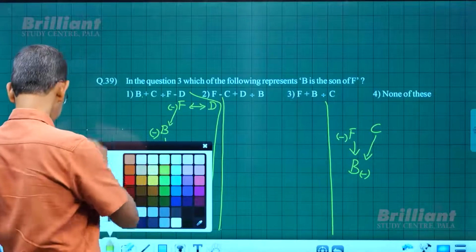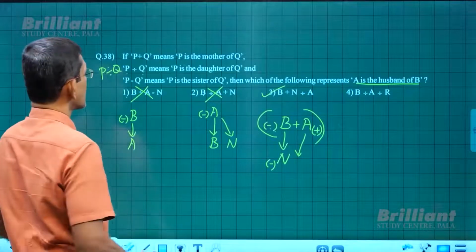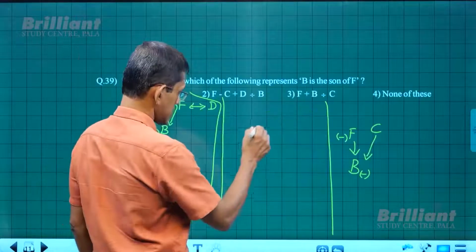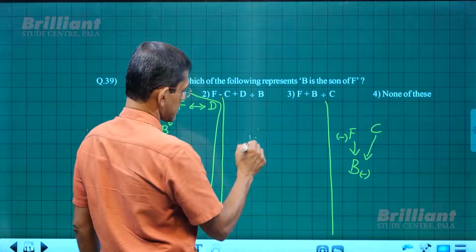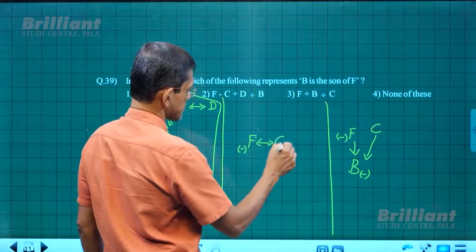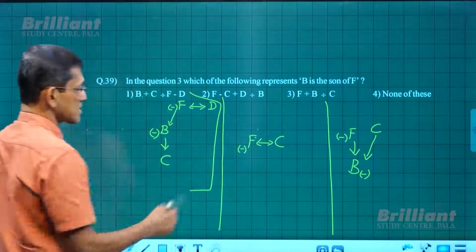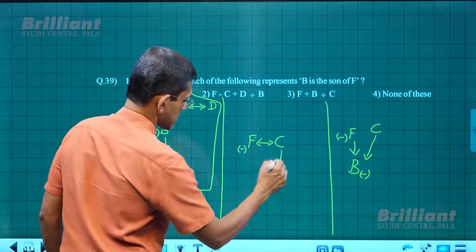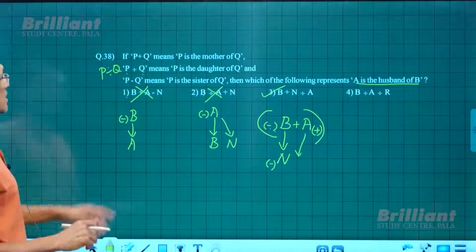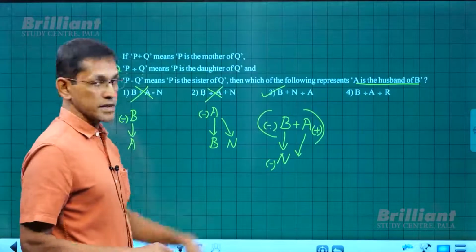F minus C is F is the sister of C. And C plus D means C is the mother of D.